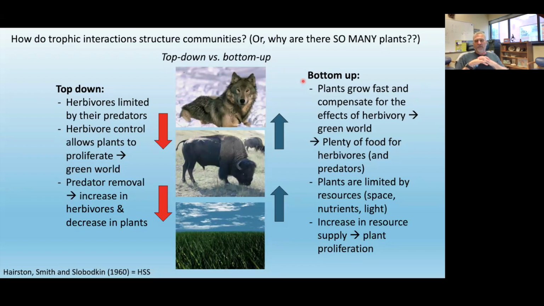Well, the herbivore population is very much limited by their predators. And so that herbivore control allows for the plants then to proliferate. Now, it's not unusual to see this kind of binary relationship between predator and prey, whereas the amount of the prey goes up, the number of the predators actually follows pretty quickly, right?